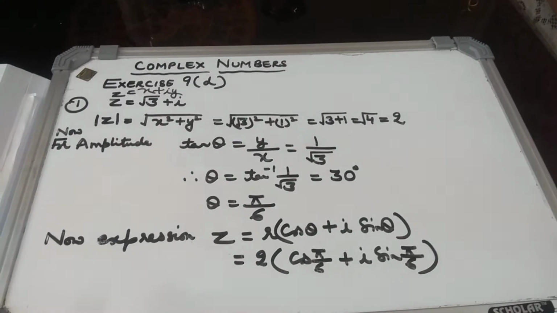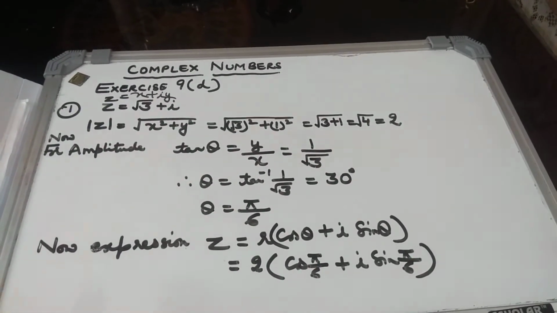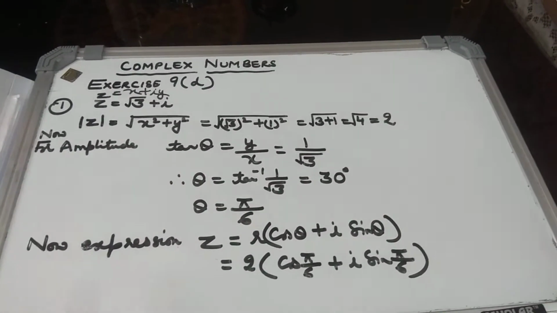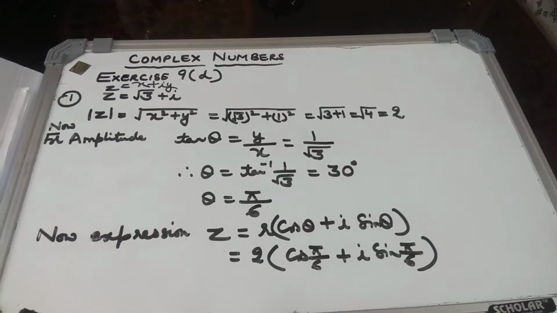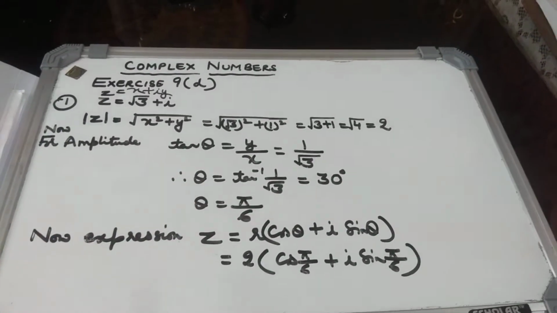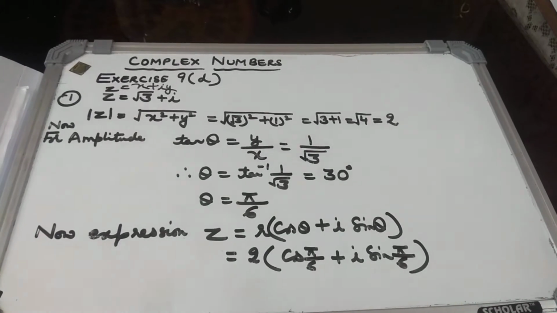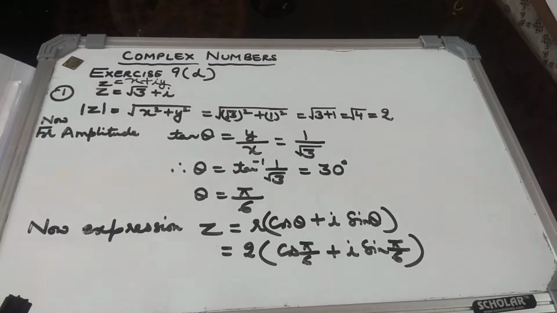Now the complex number z is equals to r cos theta plus i sin theta. Now value of r is 2, so 2 cos of pi by 6 plus i sin pi by 6. This is your final answer expressed in polar form. Now children, you can always verify this answer whether you are getting the correct or not.